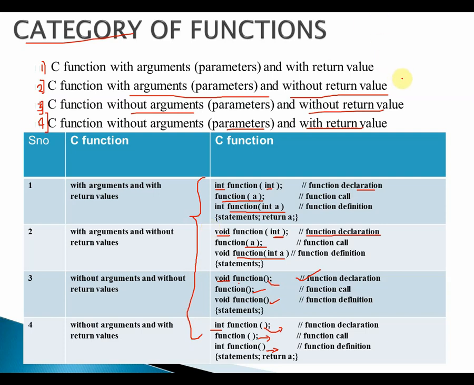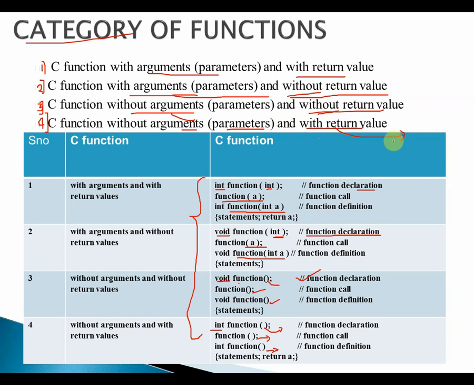The first category is function has both arguments and a return value. Second is function has arguments but no return value. Third is function has no arguments and also no return value. And last is function has no arguments but has some return value.